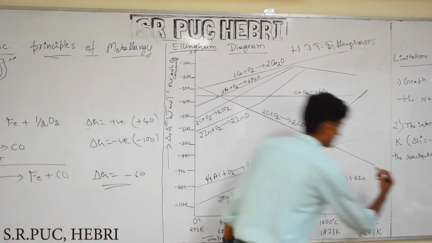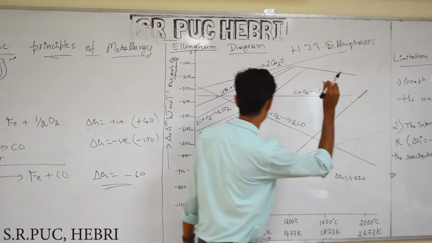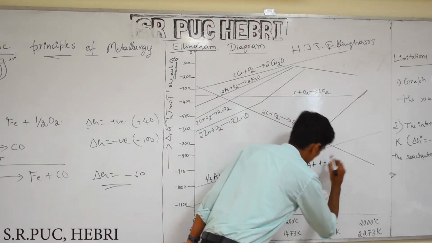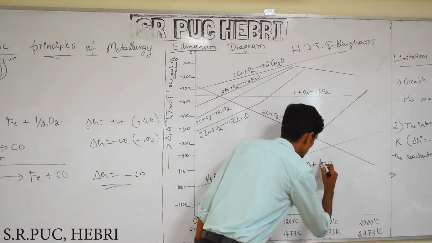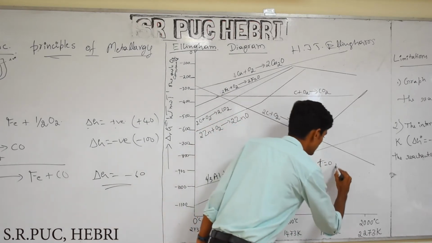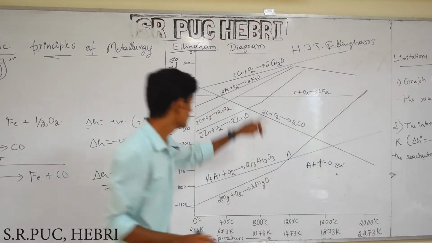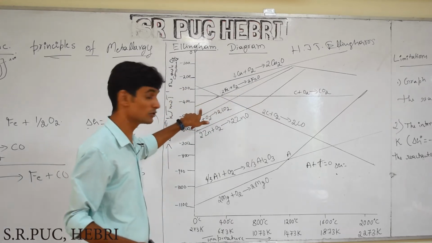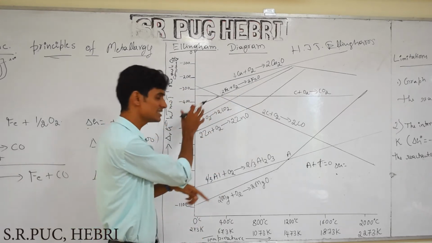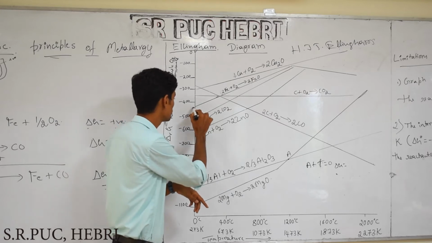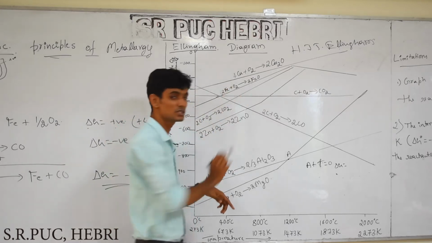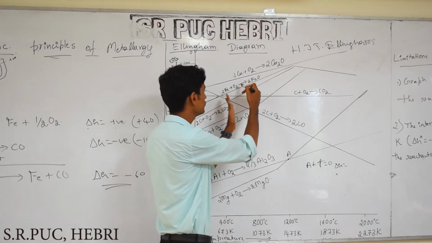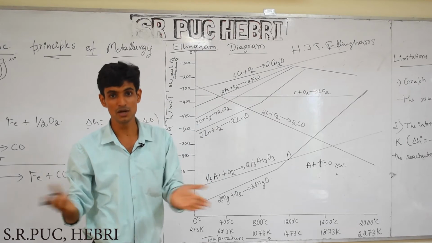At T equal to 0, the delta G value for the reduction of this iron oxide is plus 450. If you look into this graph, you will see minus 450, but that is given for the oxidation of the metal. For reduction, when you reverse this equation, the minus value becomes positive.